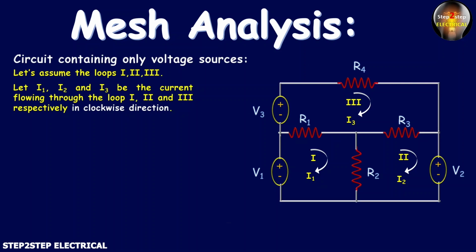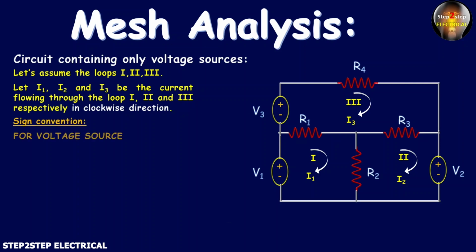The next thing is how to write the KVL equation. As we know that we will apply KVL in each loop in mesh analysis, the very first thing you have to understand is how to apply KVL equations, where there is potential drop and where there is potential rise. So let's talk about sign convention.